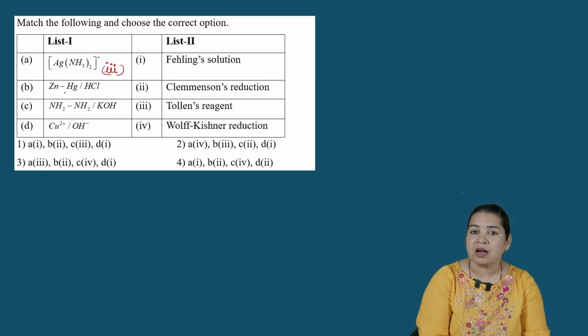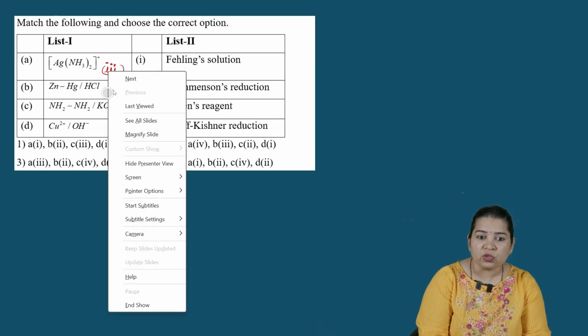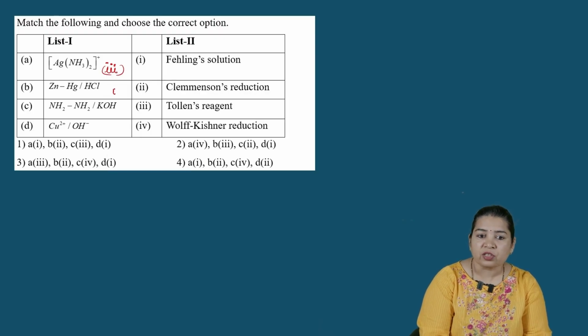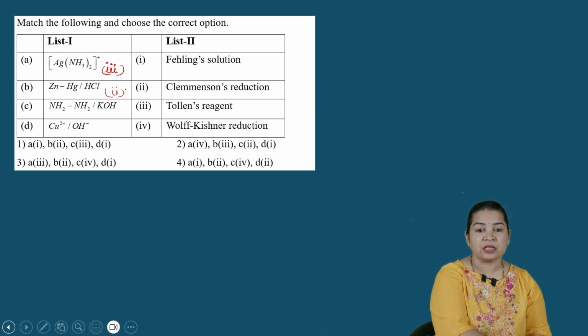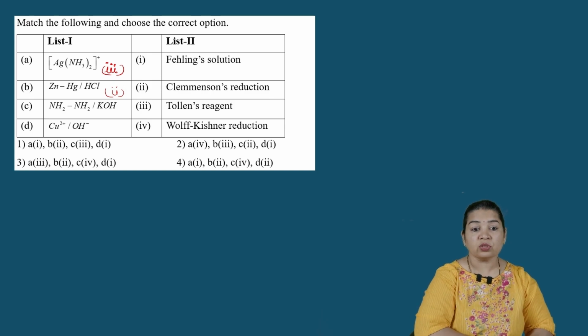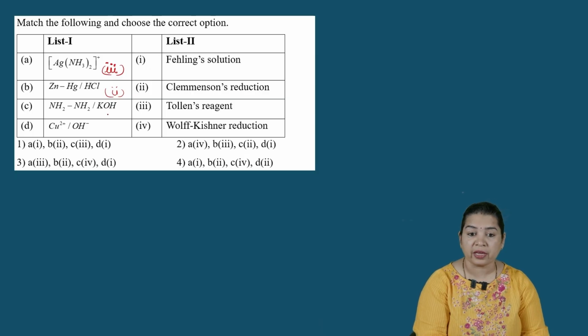Next is zinc amalgam with HCl. This reagent we use in Clemmensen reduction, right? So this should match with the second, that is Clemmensen reduction. Moving to the third, which is hydrazine plus KOH.